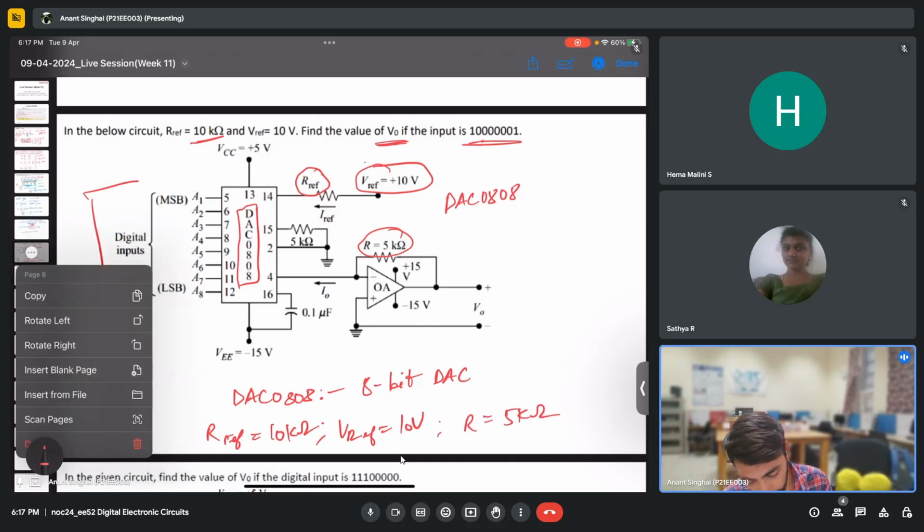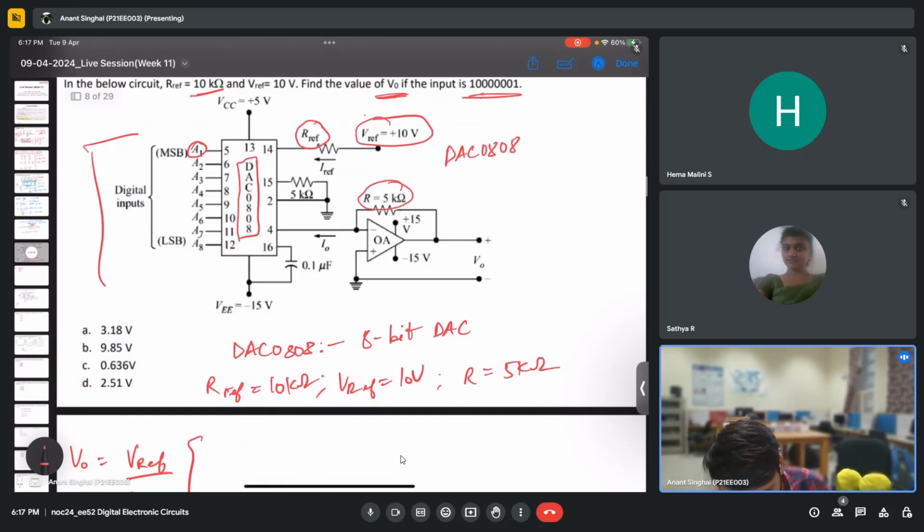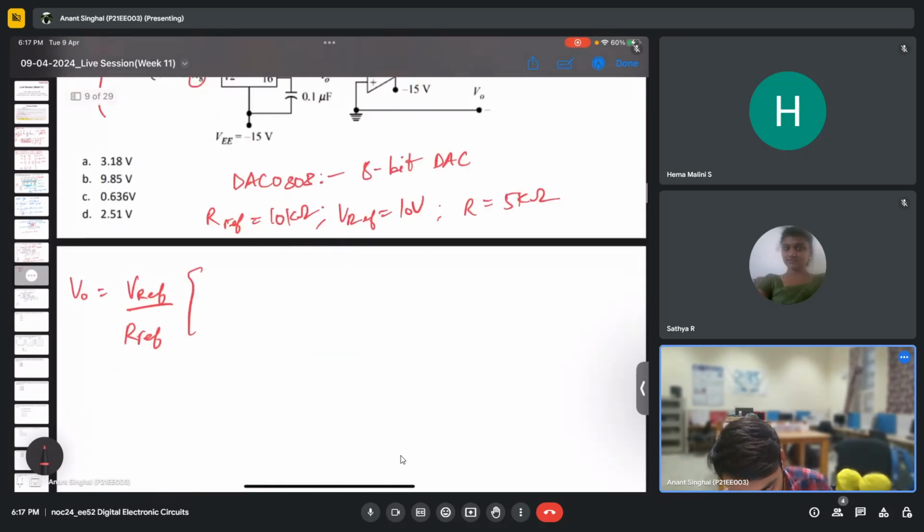This can be solved using a certain relation: V naught is nothing but V ref by R ref, times the bits. A1 is the MSB and A8 is the LSB. The first bit is the MSB, so it starts with divided by 2, then by 4, then by 8, and so on.